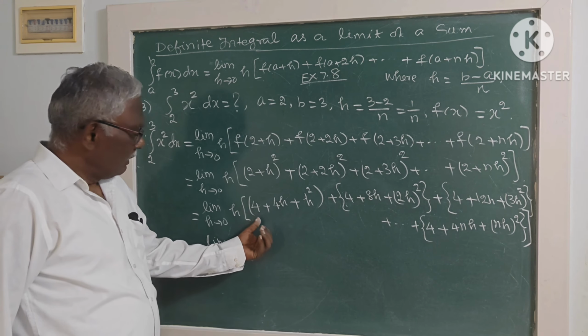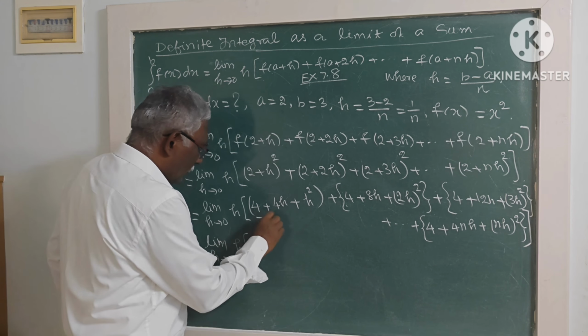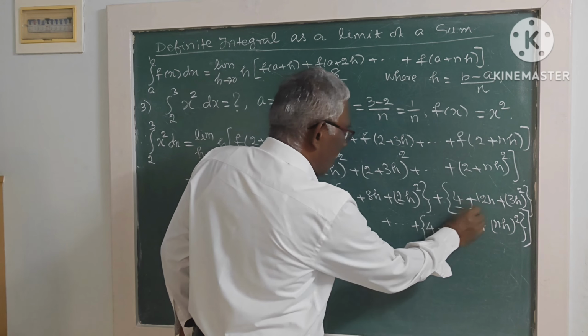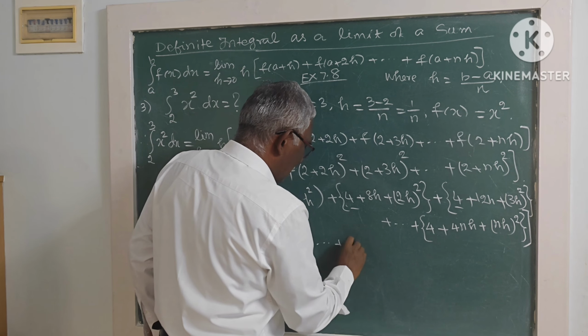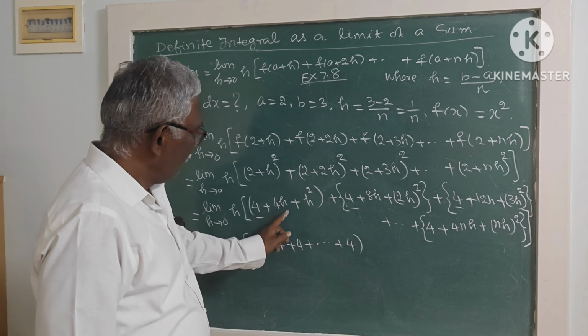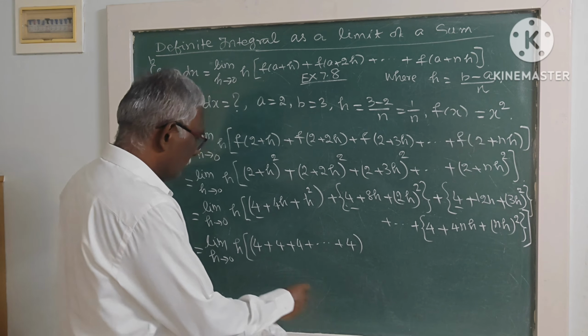Now we will take only the first term here, 4, again plus 4, again plus 4, plus etc. plus 4. How many times? 1, 2, 3, n times.